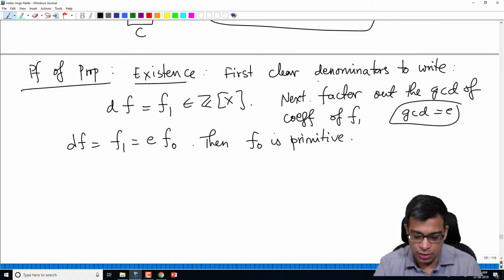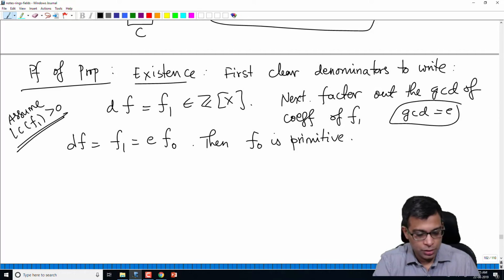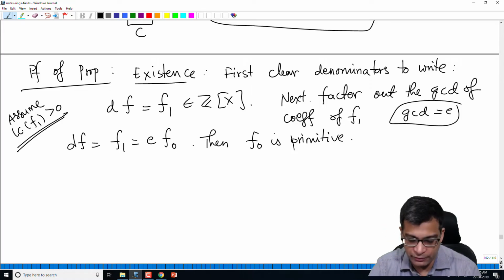Just to correct what I said a couple of minutes ago: I clear the denominator in such a way that I can assume the leading coefficient of f1 is positive. If f has a negative leading coefficient, I can adjust that in d to make sure that the leading coefficient of f1 is positive.